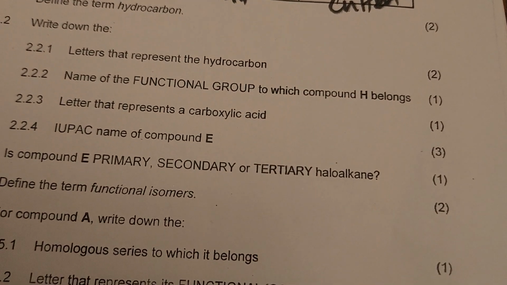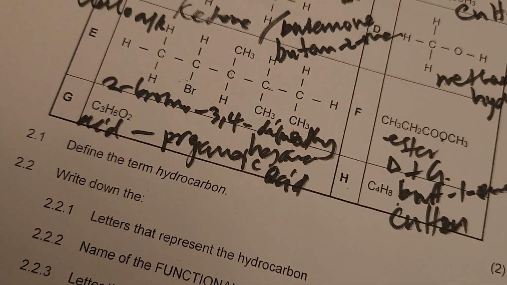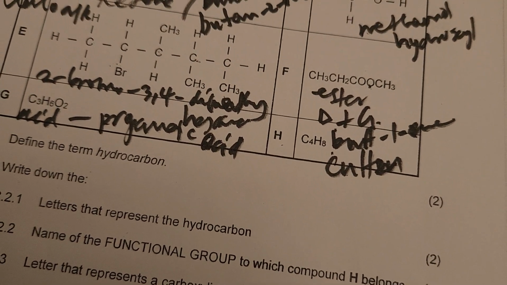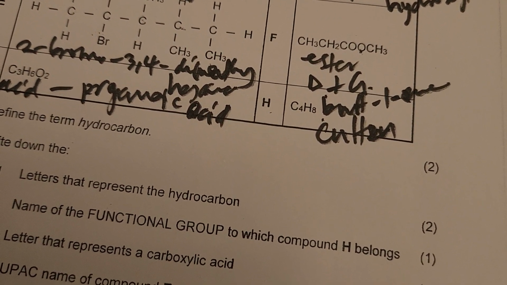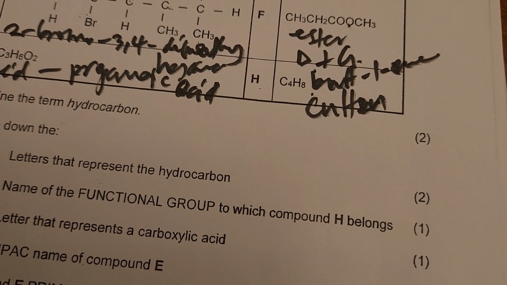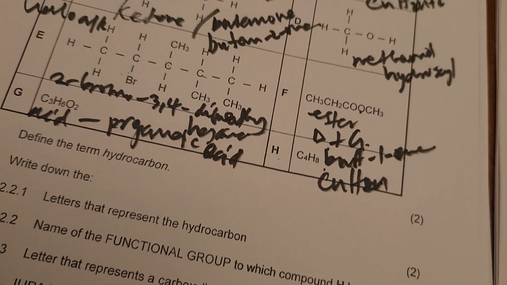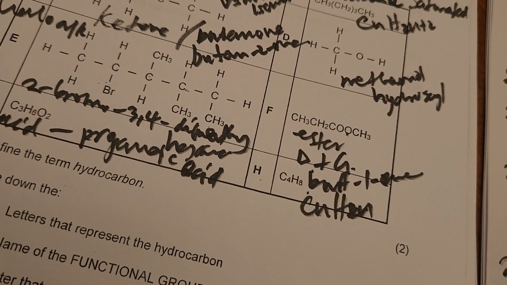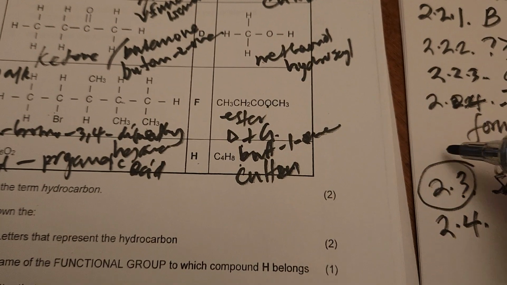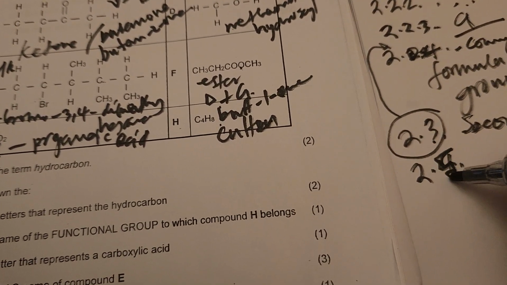They're saying write down the IUPAC name of E. E we said is 2-bromo-3,4-dimethylhexane. That's it. And then 2.3 is this one. There's the numbering here. This is supposed to come here, and then now 2.4, and then we're coming to 2.5.